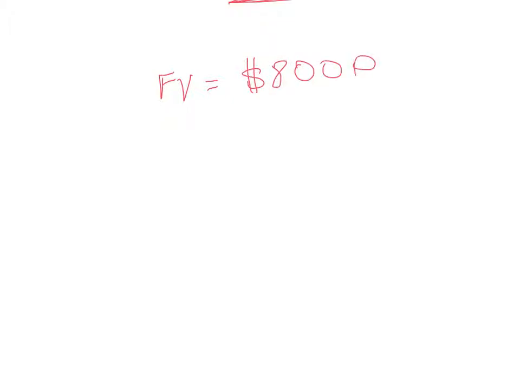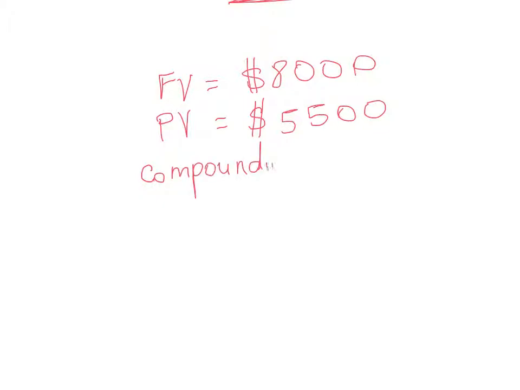The present value you started off with was, let's say, $5,500. It was compounding yearly at an interest rate of 5% per annum, 5% per year.